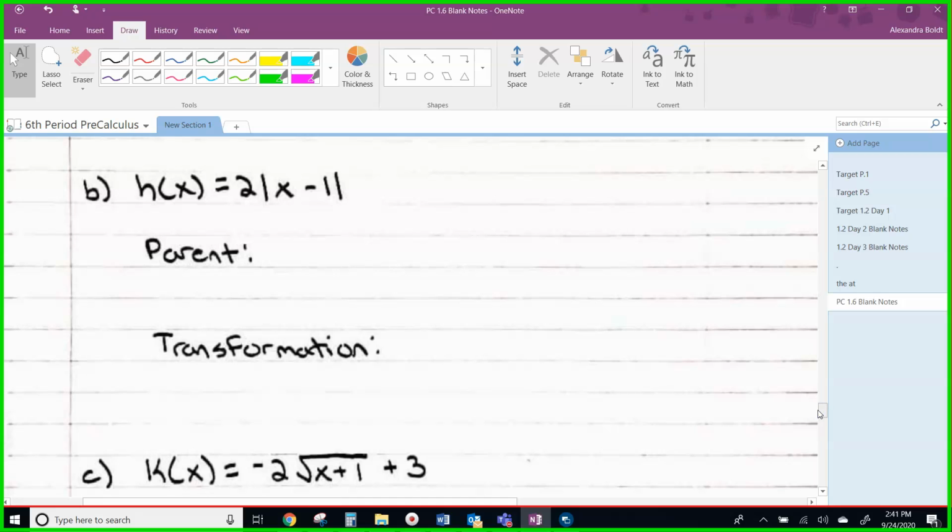Too far. Let's look at b. Same idea, right? So what is our parent function? Well, h of x equals 2 times the absolute value of x minus 1. So that is our absolute value function.